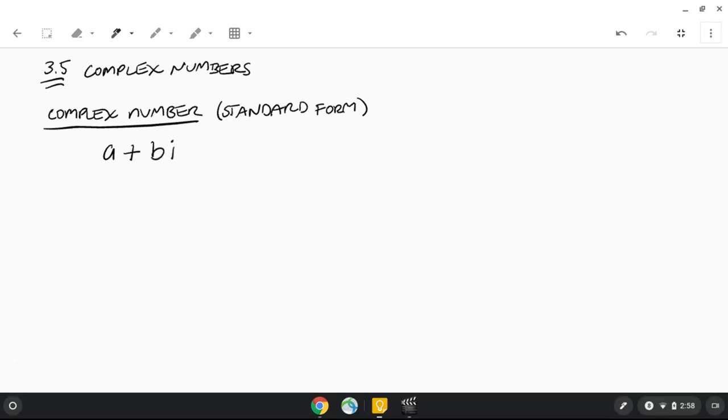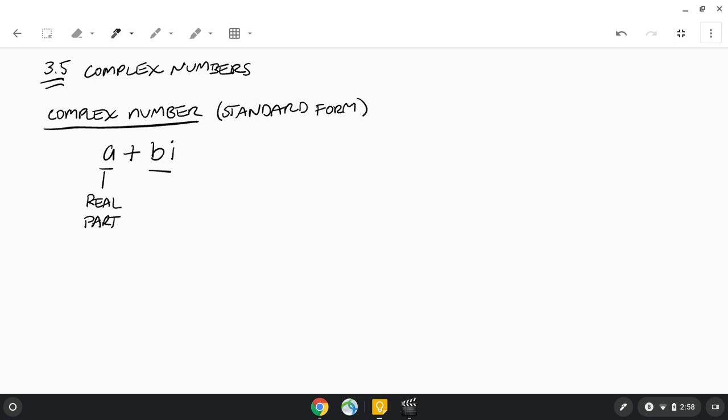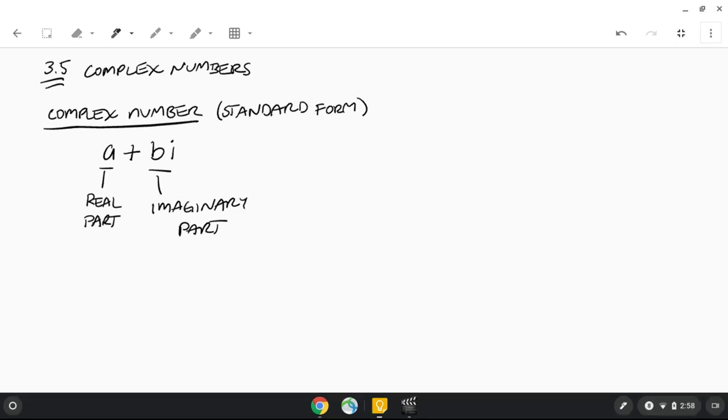Okay. So this is your standard form, and it's made up of two parts. This part here, which is the real part, and this part over here, which is the imaginary part. Okay, so this is standard form.